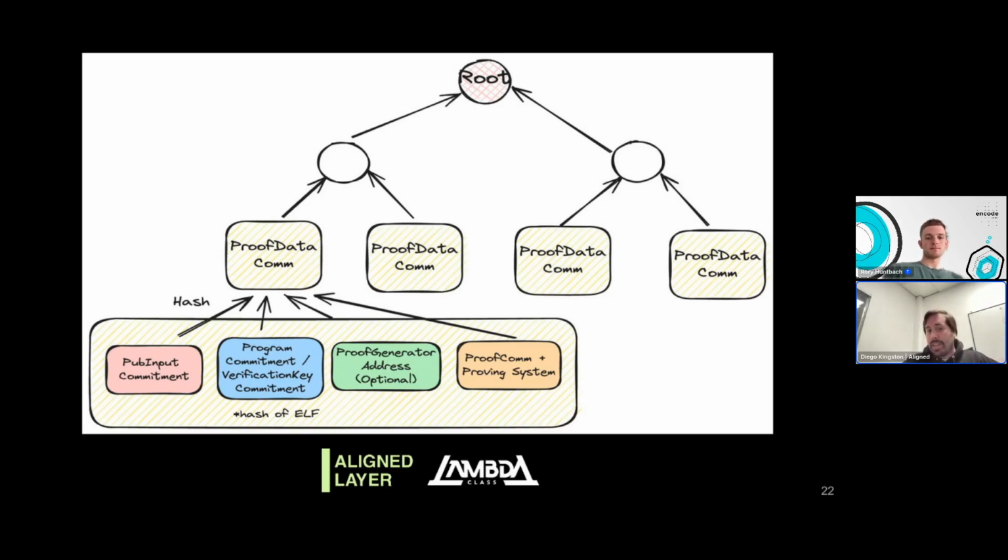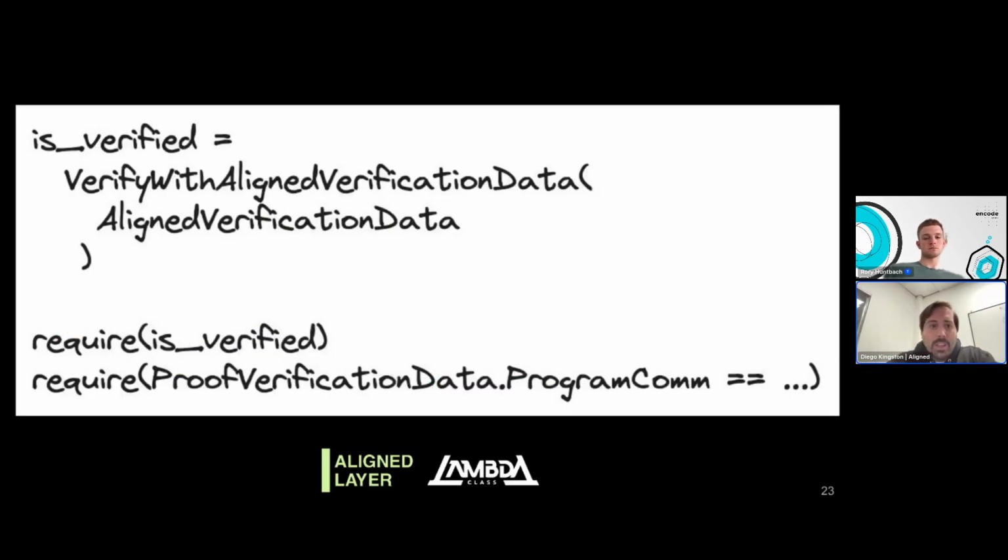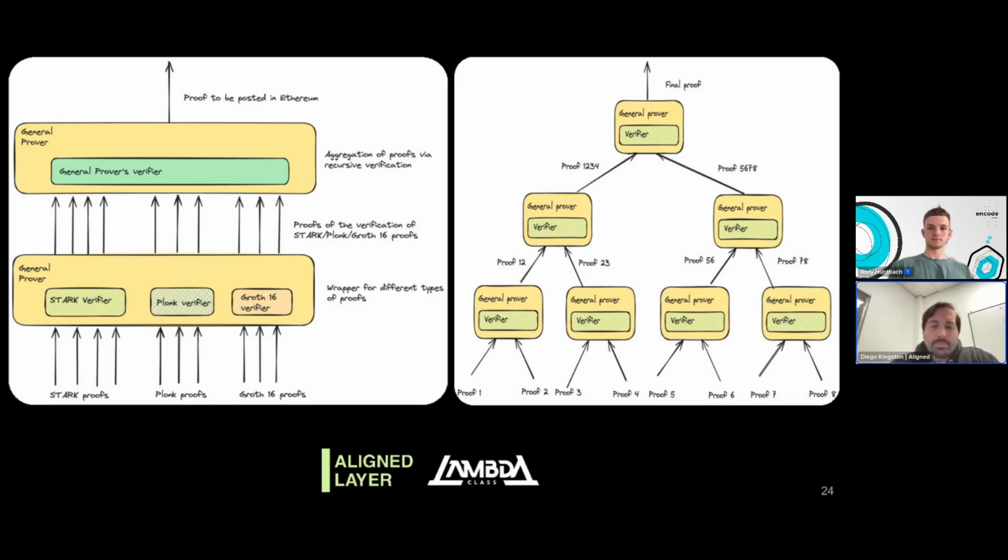All this information is hashed into the leaf, and then we build a Merkle tree, so we get a very efficient task creation. If you want to get the result, you just use the function isVerified, and you get the results.